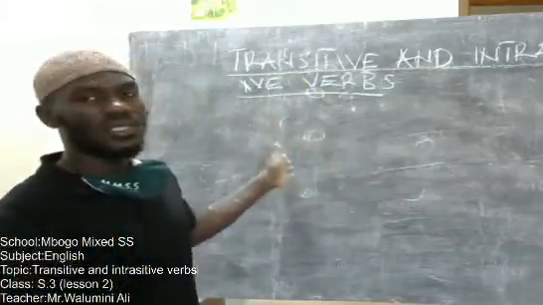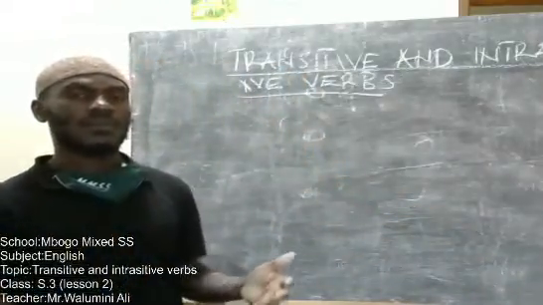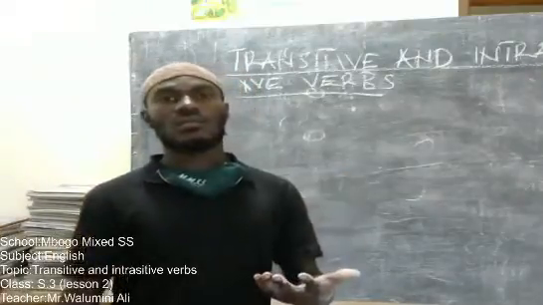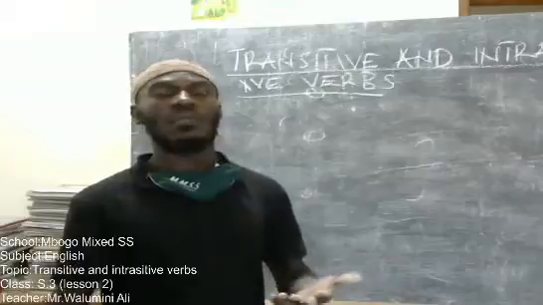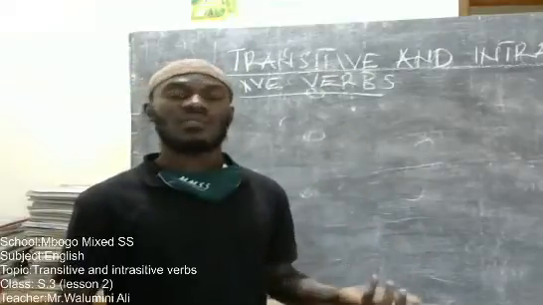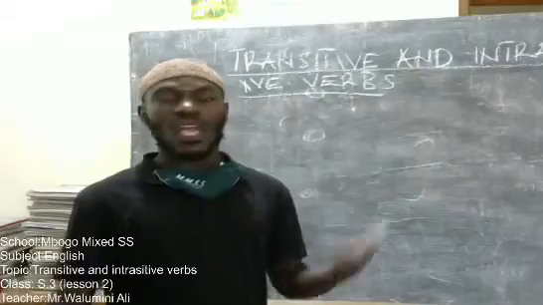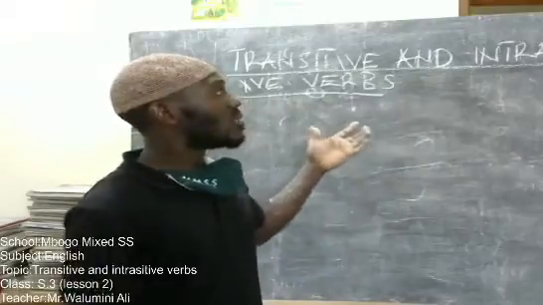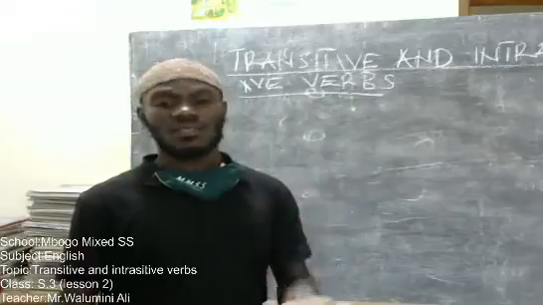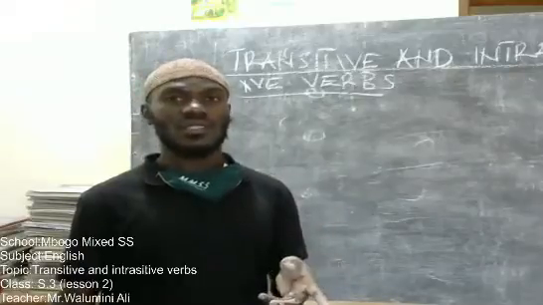And lastly we talked about the passives and how they are connected with these verbs. We said that it is only the transitive verbs that can be used in passive voices, and the intransitive verbs cannot be used to form the passive voices.